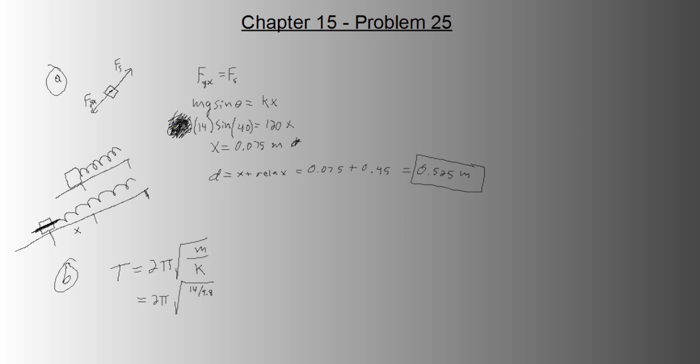Good catch. Sorry about that. But to find the mass, you have to divide the weight by the acceleration due to gravity, and so we need to take care of the 9.8 here, and this is 120. So the period is 0.686 seconds.